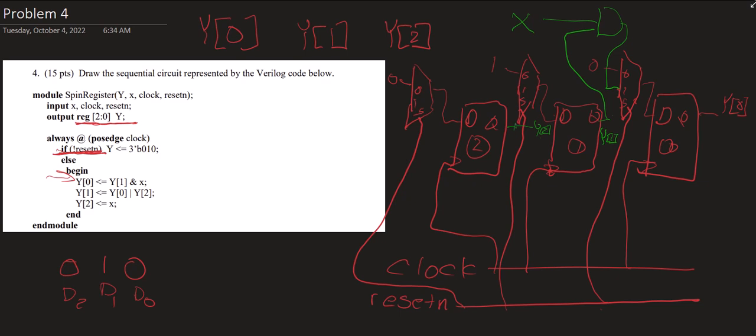Okay, so here's y2, here's an OR, here's y0, and that goes into the 1 for y1. And then x goes to y2.